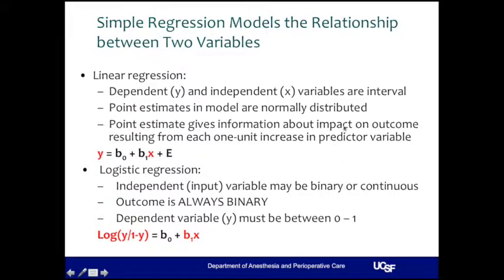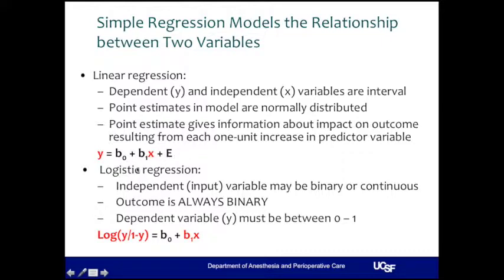The point estimate gives information about the impact on outcome resulting from each 1 unit increase in predictor variables. So we can express the relationship as a linear equation where y is equal to an intercept plus a slope times the independent variable, with the addition of an error term.